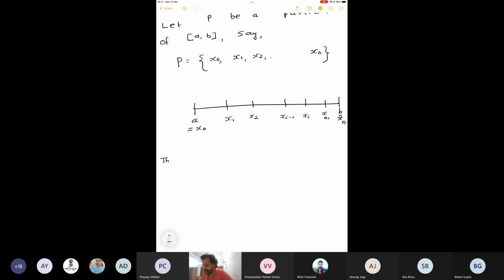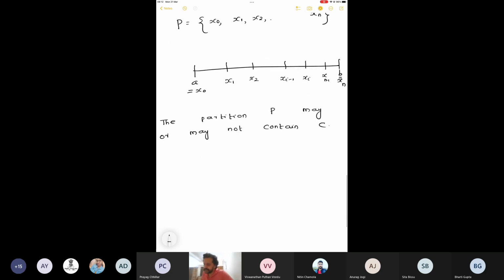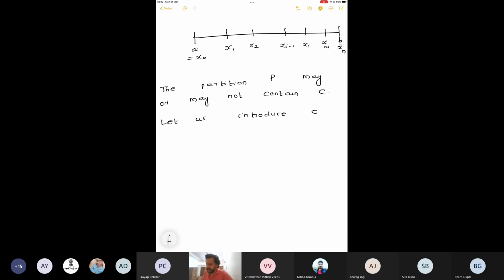The partition P may or may not contain the point C. Let us introduce C in, to be precise, the interval xi minus 1, xi.